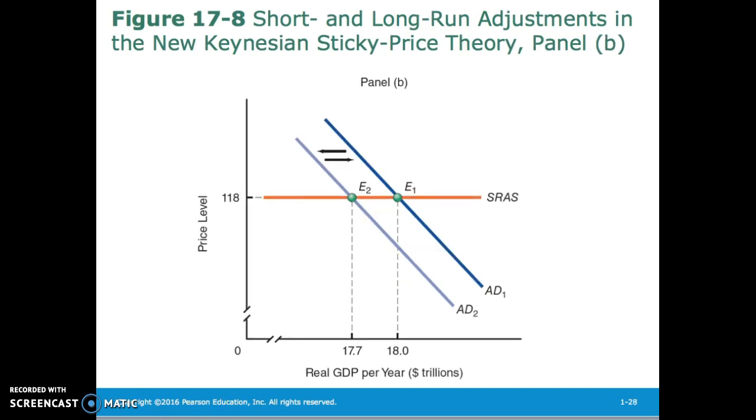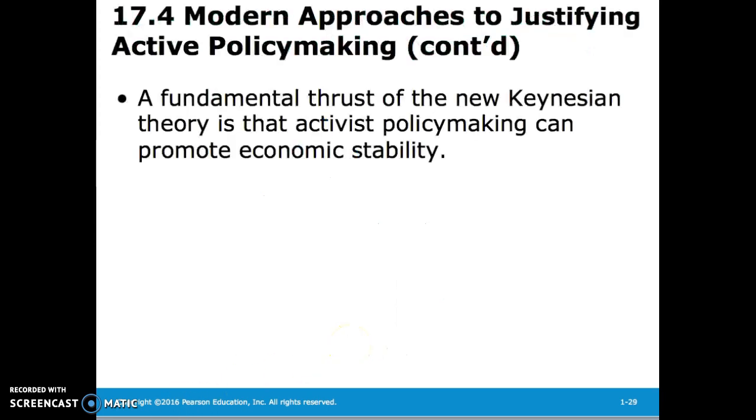However, since prices are sticky, when aggregate demand goes down, prices remain the same, so we end up with lower real GDP anyway. One major point of New Keynesian theory is that activist policymaking can promote economic stability.